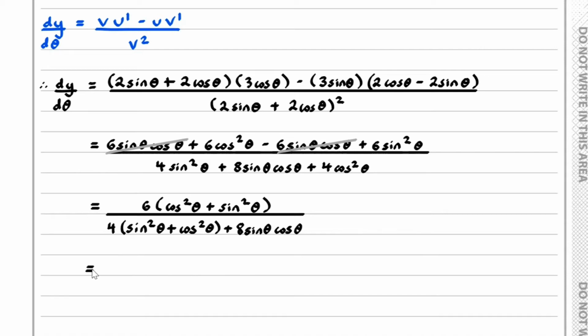Now, recognising that cos squared theta plus sin squared theta is 1, we have 4 multiplied by 1 plus 8 sin theta cos theta on the bottom, and on the top we've got 6 multiplied by 1.